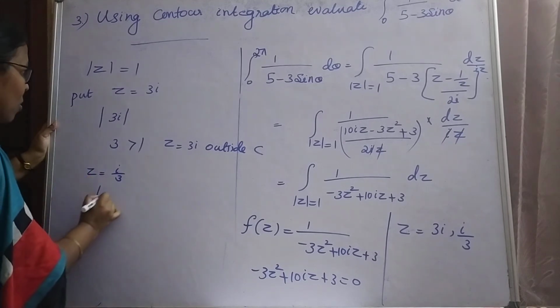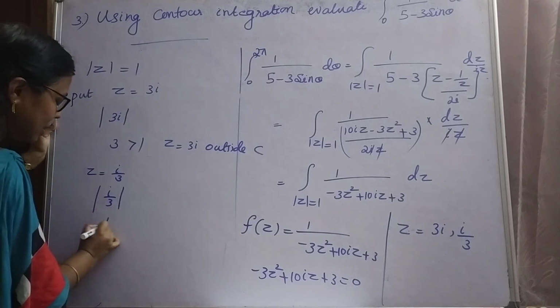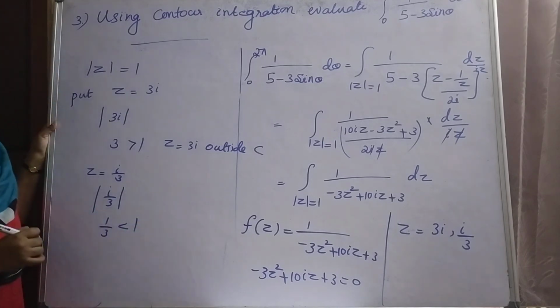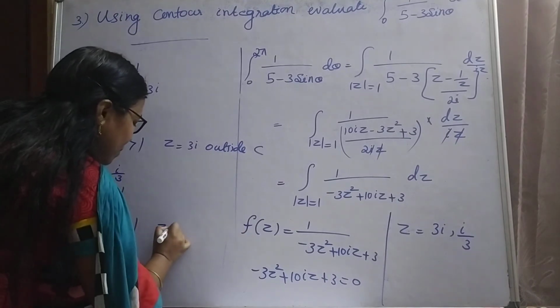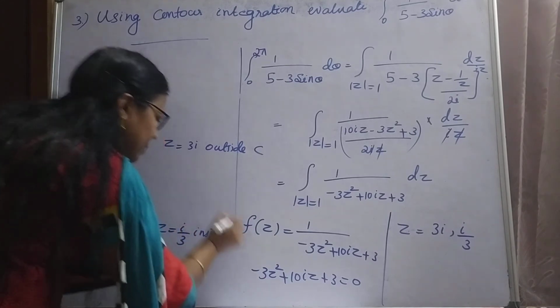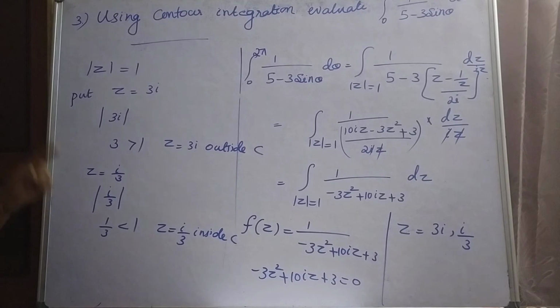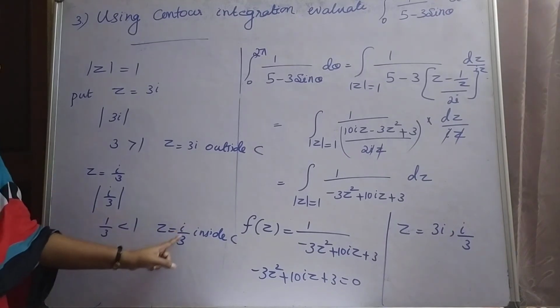Here mod i by 3 is 1 by 3, less than 1, which is inside the contour C. Here only one singular point is inside the contour C, which is z equal to i by 3.